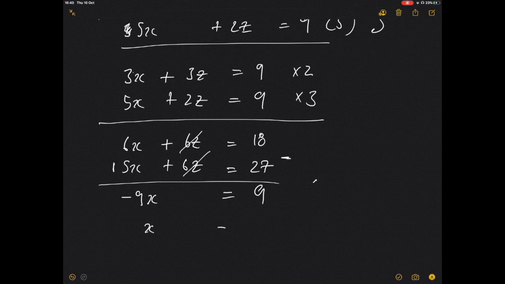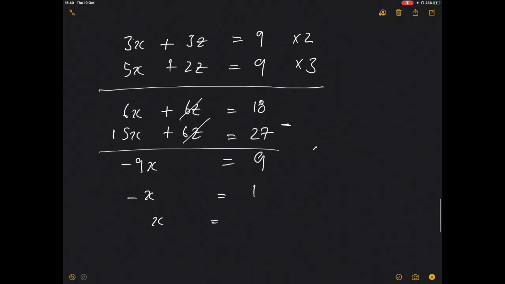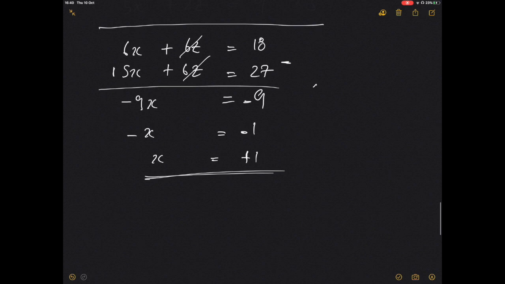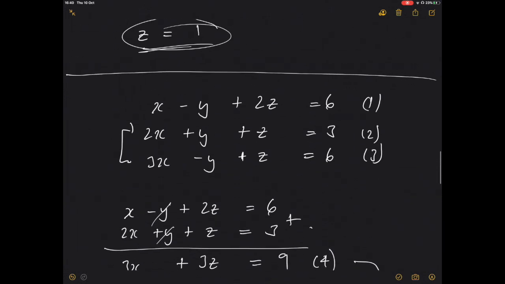Therefore minus x would equal minus 1, and x would equal 1. So our first solution to our problem is x equals positive 1. Okay, so we can put this back up here, x equals 1.